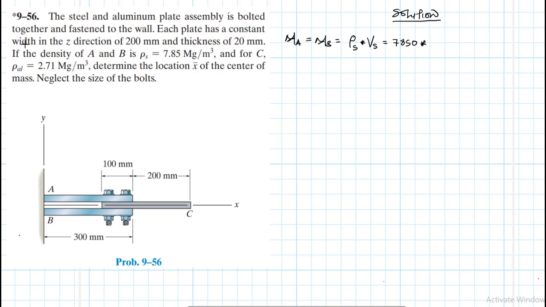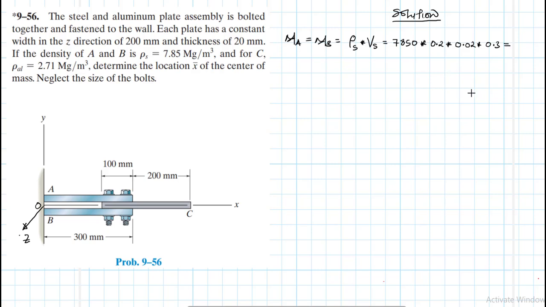We've been told that along the z-axis, its length is 200 millimeters, which is 0.2 meters. The thickness of all these plates is 20 millimeters, which is 0.02, and its length is 300 millimeters, which is 0.3.